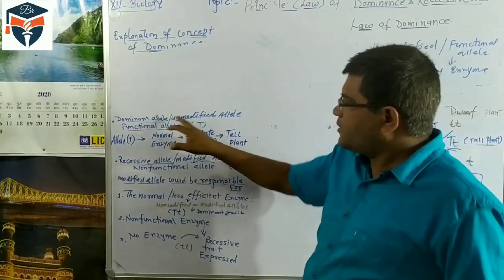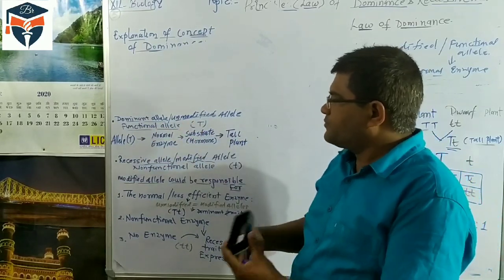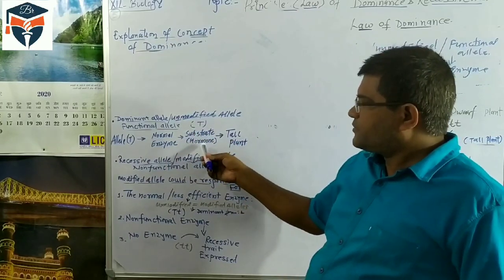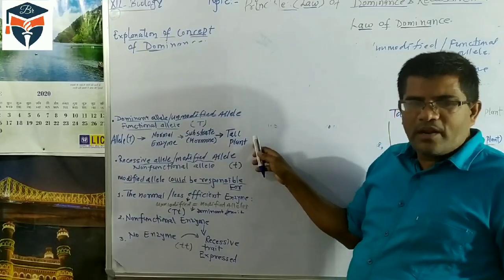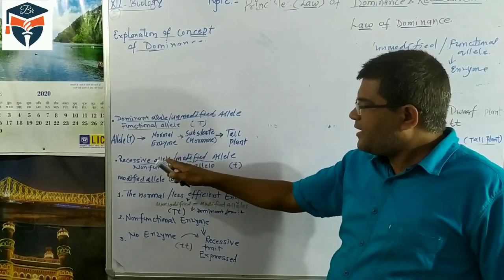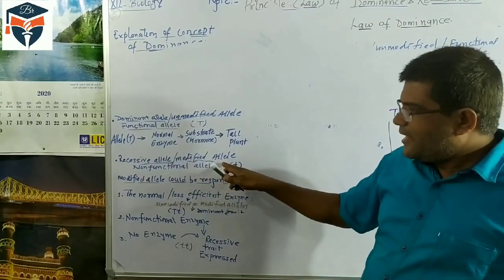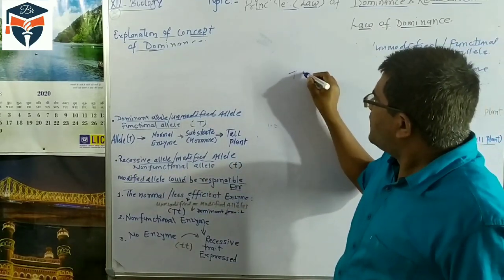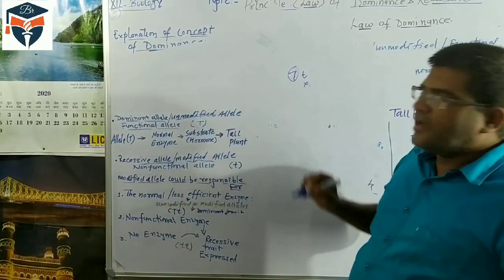The dominant allele is also called the unmodified allele, and it is the functional allele because it synthesizes the normal enzyme, which forms one substance called the hormone, responsible for the growth of the plant. That's why the plant is tall. But the recessive alleles are different from the dominant allele, so we call them modified alleles. They are also called non-functional alleles because when capital T and small t are both present, capital T will be expressed and small t will not.